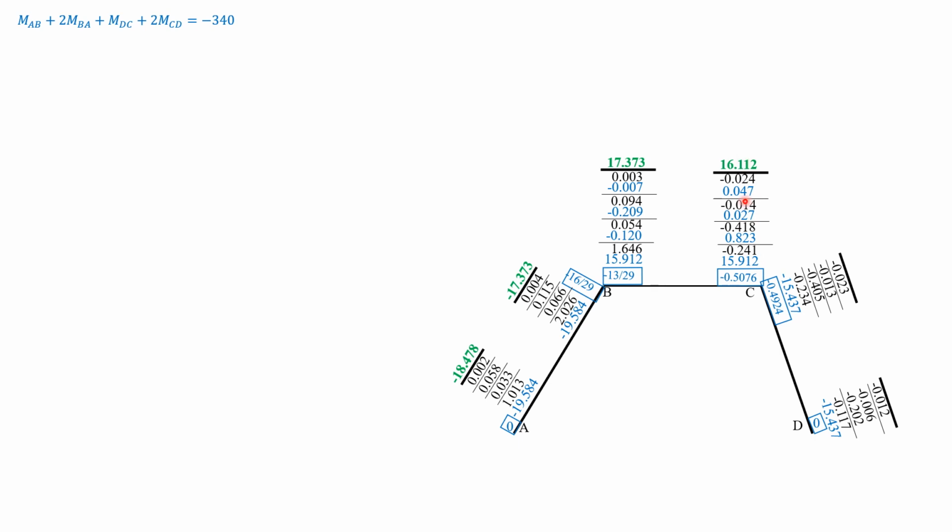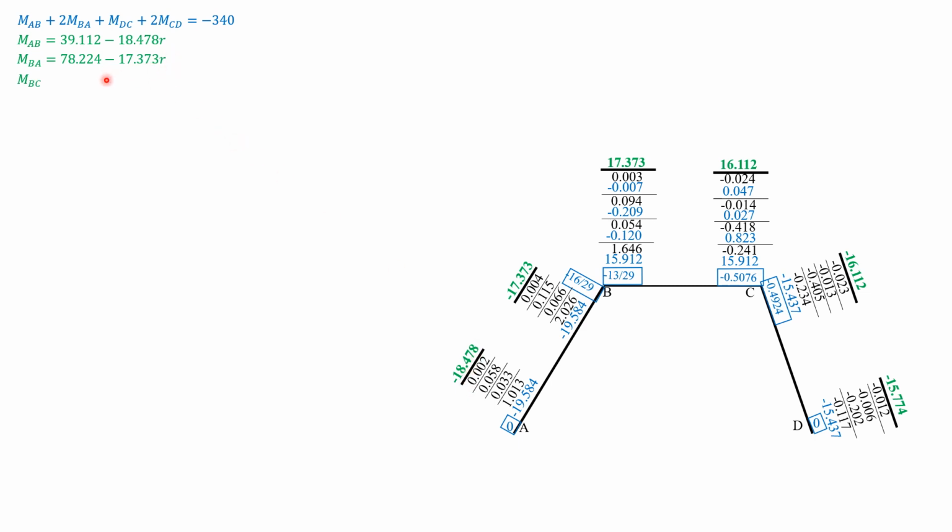Here, adding these column values, we have 16.112, so adding these column values, negative 16.112, then here negative 15.774. Moment AB therefore is moment AB in the first phase, then minus 18.478 R. So first phase 39.112, then plus negative 18.478 R.